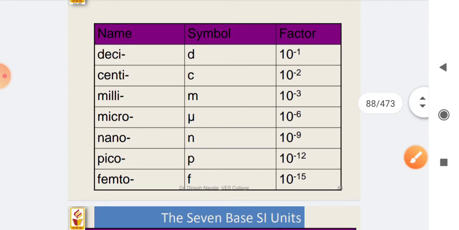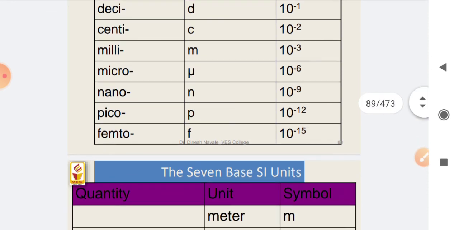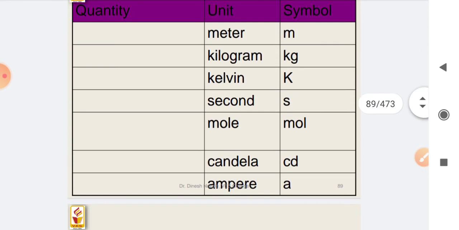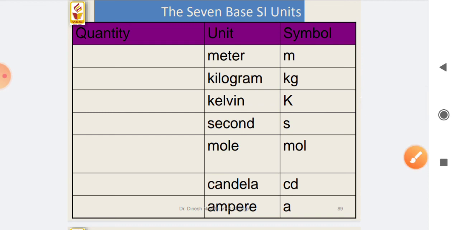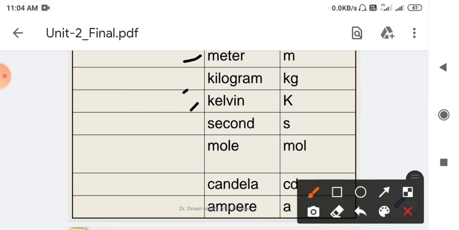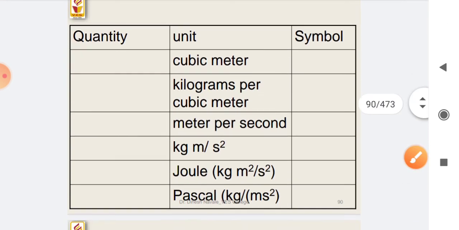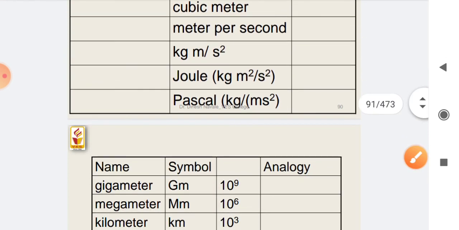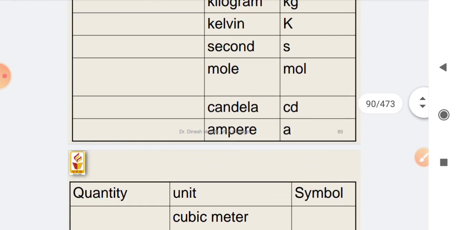These are the lower units: deci, centi, milli, micro, and so on. The basic 7 SI units are meter, kilogram, Kelvin, second, mole, candela, and ampere. These are the SI units that we come across in measurements.